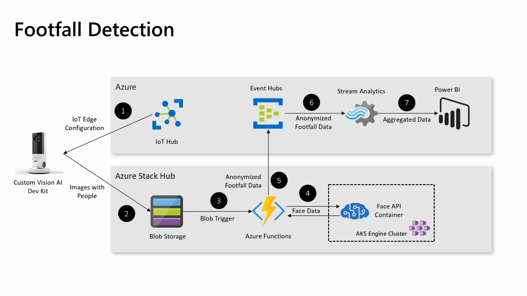In this solution, there's a tiered approach to inference at the edge. As you can see on the left-hand side, the Custom Vision AI Dev Kit can capture only images with human faces, and then those images can be sent for analysis to a private Azure Stack Hub that is running Azure Cognitive Services containers.